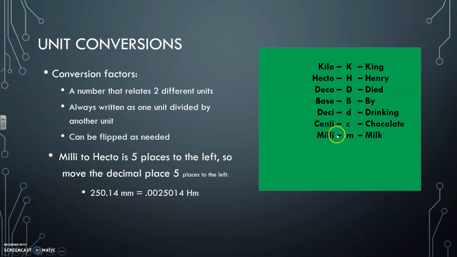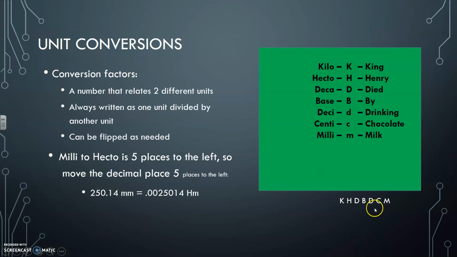Then you count the number of places. So 1, 2, 3, 4, 5. Count the number of places between the two prefixes that you're using. So it is 5 places, which means that you're going to move the decimal point 5 places. It's easier to see when you write it out in this format.